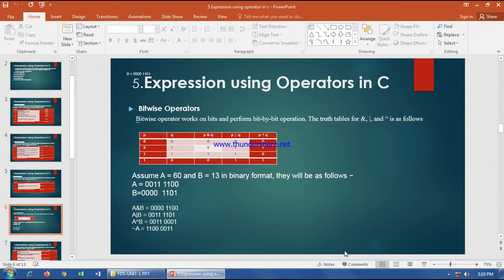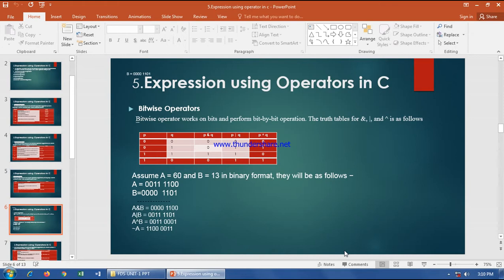Assume here A is 60 and B is 13. In binary format, they will be as follows. The binary format of A, 60, is 0011 1100, and B is 0000 1101.